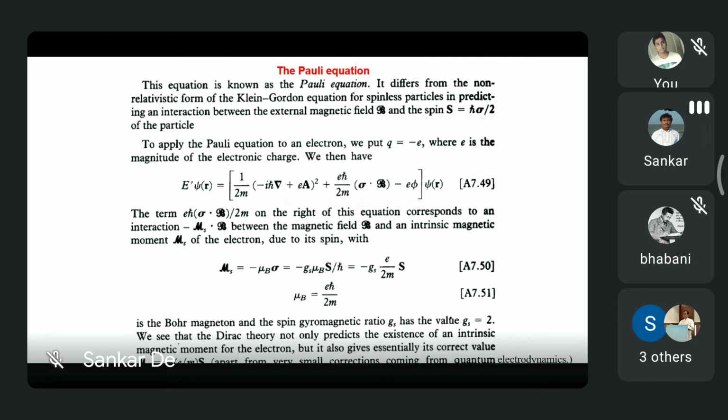These corrections are beyond the scope of our syllabus. They are very small, but this gives the correct value for the intrinsic magnetic moment.